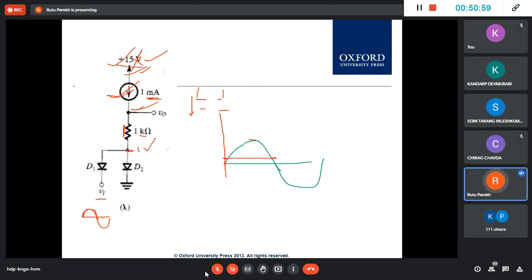If it is minus 0.1, listen carefully. Minus 0.1 plus 1 gives 0.9. 0.9 positive came, right? Current passes, so it neutralizes. This voltage is, let's say, minus 0.1. Then similarly minus 0.2, and we go up to 0.9.